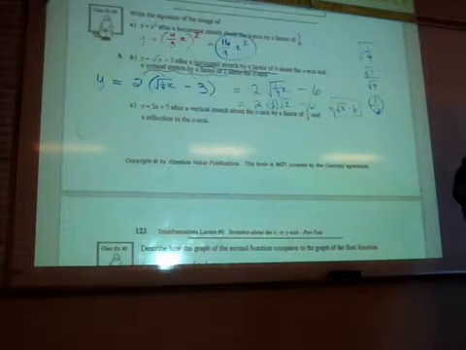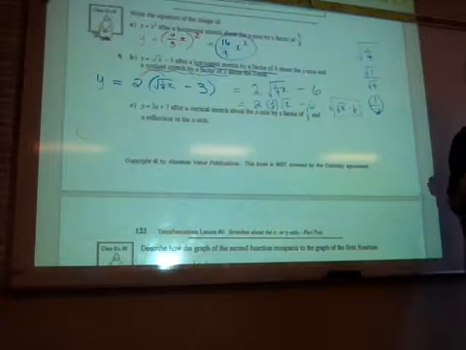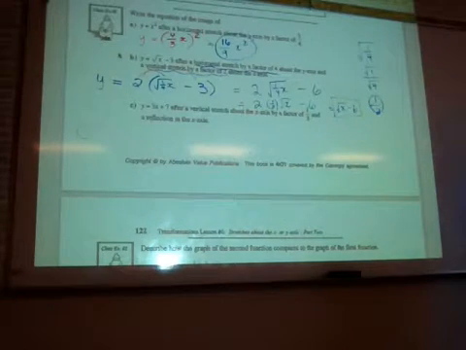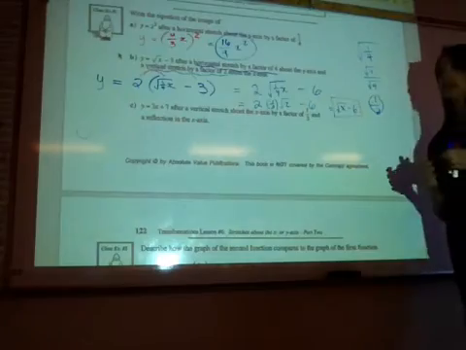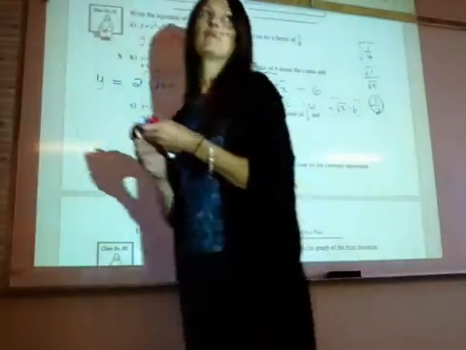Okay, the last one, we're starting with the graph y equals 3x plus 7, and we have to find the equation after a vertical stretch about the x-axis by a factor of 1/3 and a reflection in the x-axis. So everything's going over the x-axis, which means we're playing with the y-coordinates. So that means everything's going to be vertical.